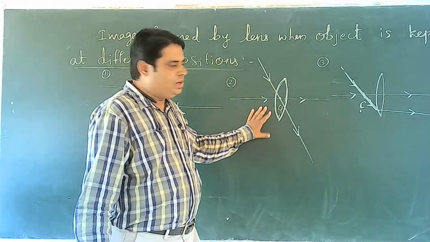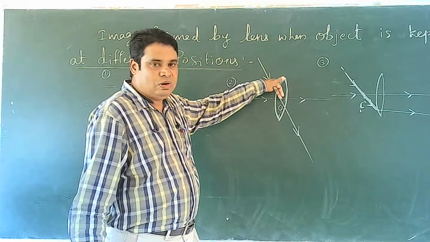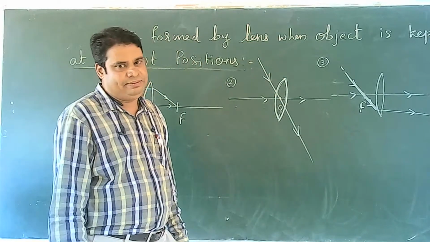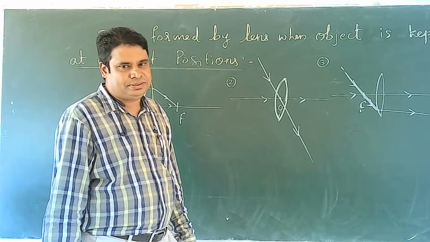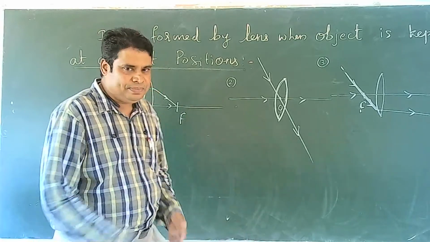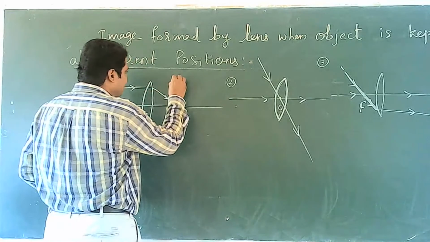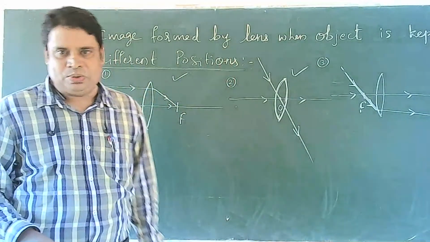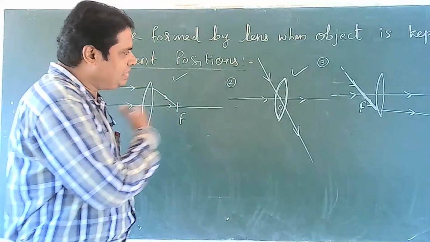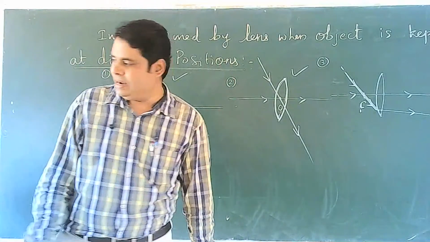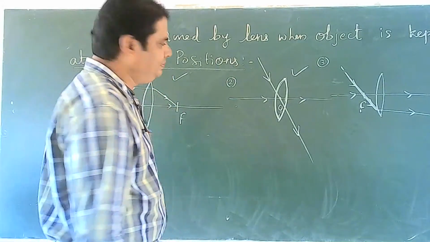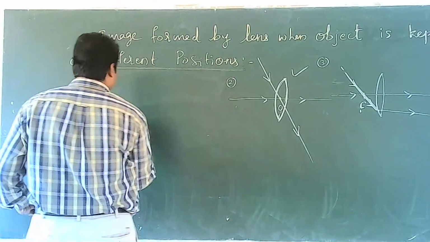A second ray, which is incident on optical center, will proceed without any deviation. Hope you understand. Let us consider only these two rays to construct images. We can consider all the three also, no problem with that.